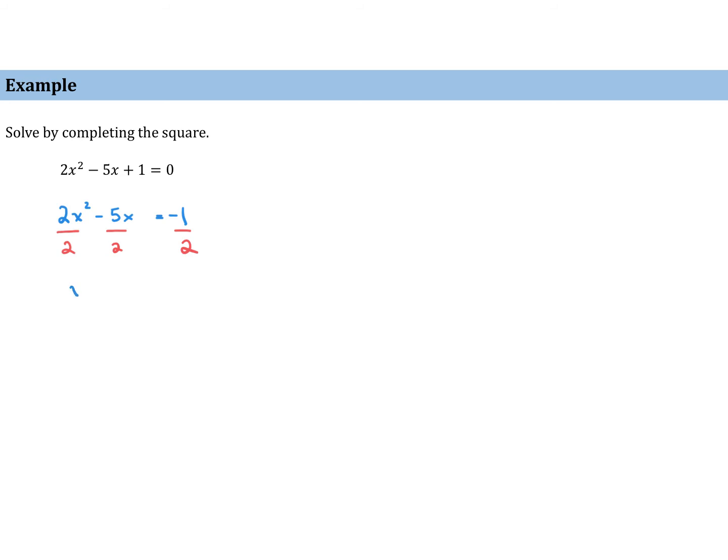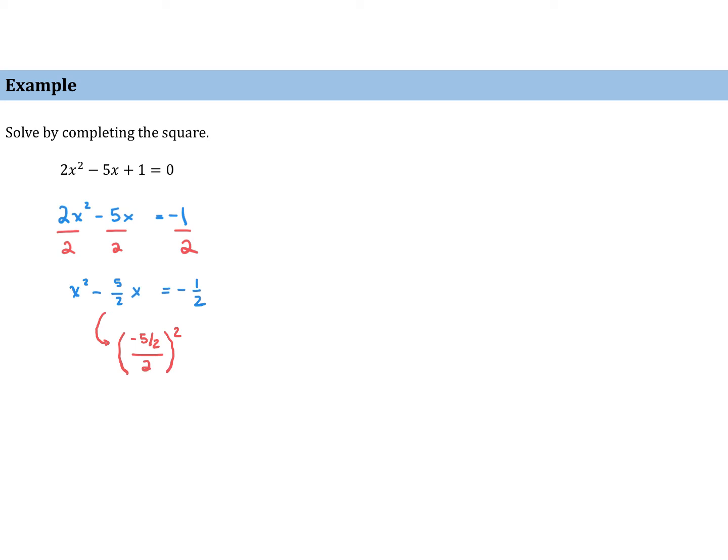So this gives us x squared minus 5 halves x equal to negative 1 half. The question is, what will be added to complete the square? So again, let's take the negative 5 halves, and we're going to divide that by 2 and then square it.